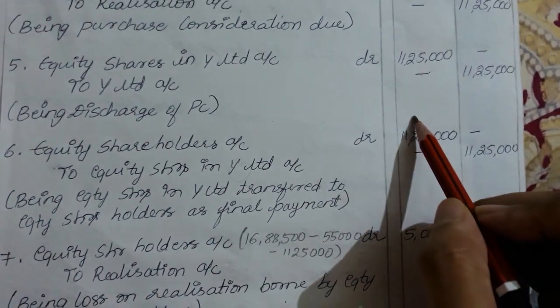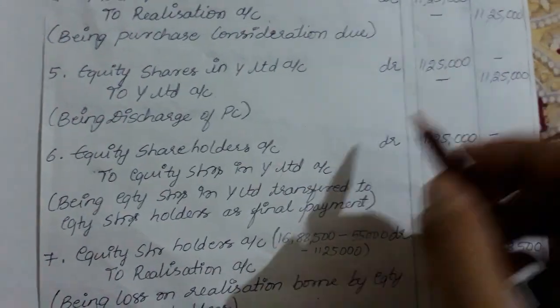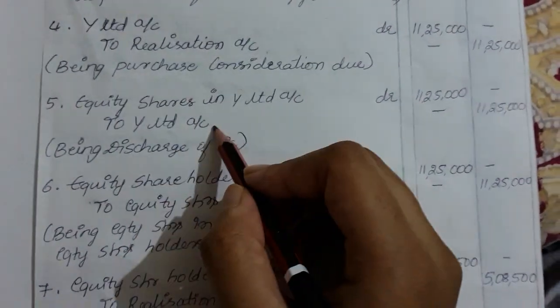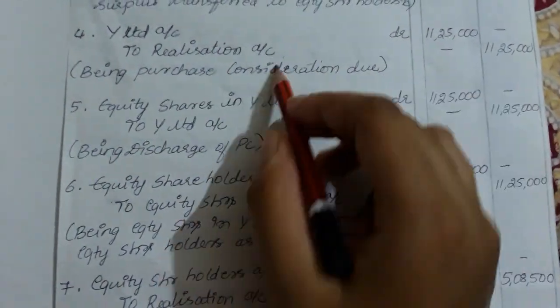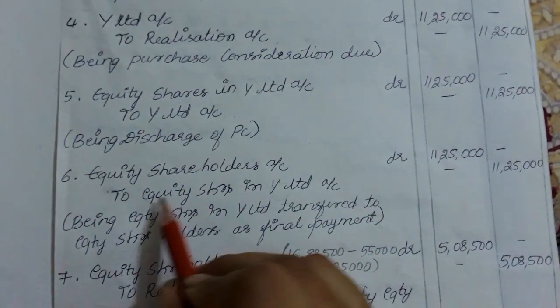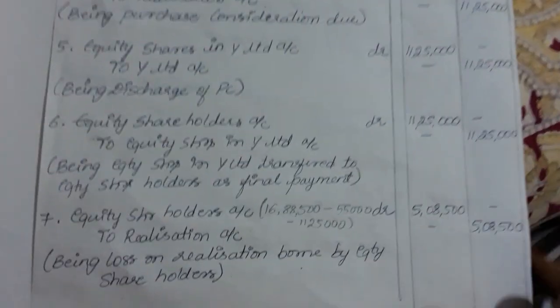Whatever they are given in the form of purchase consideration will be recorded here. For example, if even cash of 10,000 were given, everything would change, and you would be recording cash here. But here nothing is in cash form, they are given everything in the form of equity shares.